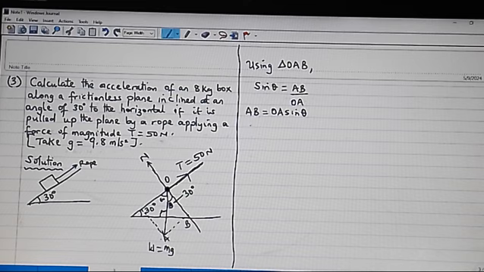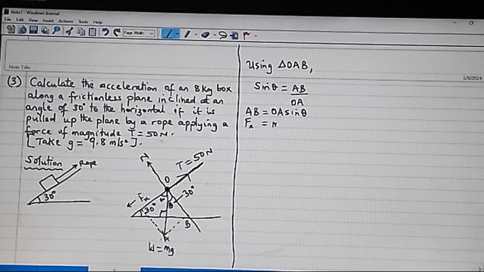This side AB is parallel to this force. So AB could be likened to the force along the x-axis. OA is the weight, and weight is mg.